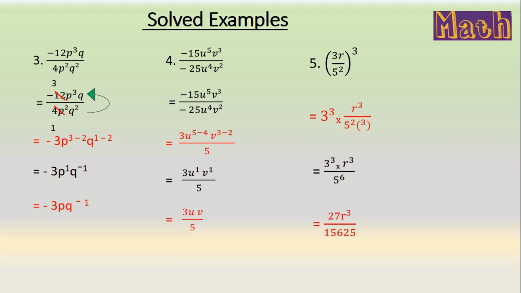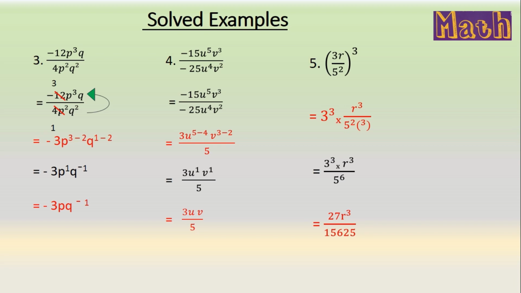The next one also states that when a power is raised to a power, we multiply the powers, or when a cube is raised to a cube, we multiply the cube. So here, I have 3 exponent 3 times r exponent 3, followed by the denominator, that is 5 to the power 2, all raised to the power 3.